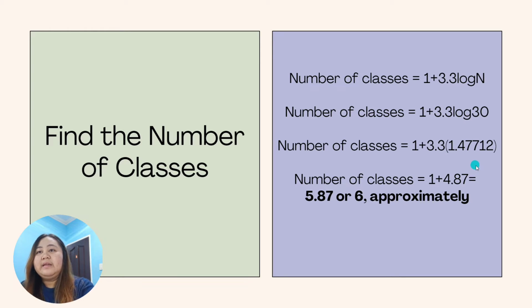In result, it is 4.87. So, number of classes is equal to 1 plus 4.87. It is equal to 5.87, to round off, or 6 approximately.